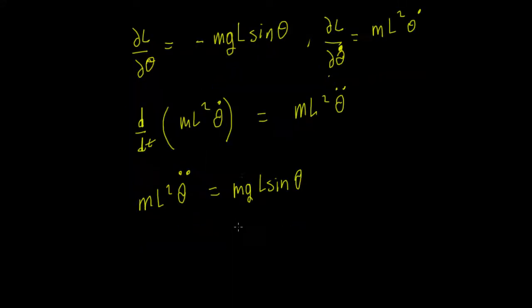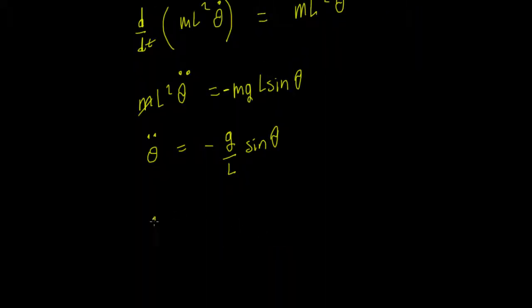So it means that we can then rewrite that as theta double dot equals, the m's cancel out and the L squared comes down, one of the L's cancels on the top line and one on the bottom, so you've got minus g upon L sine of theta.